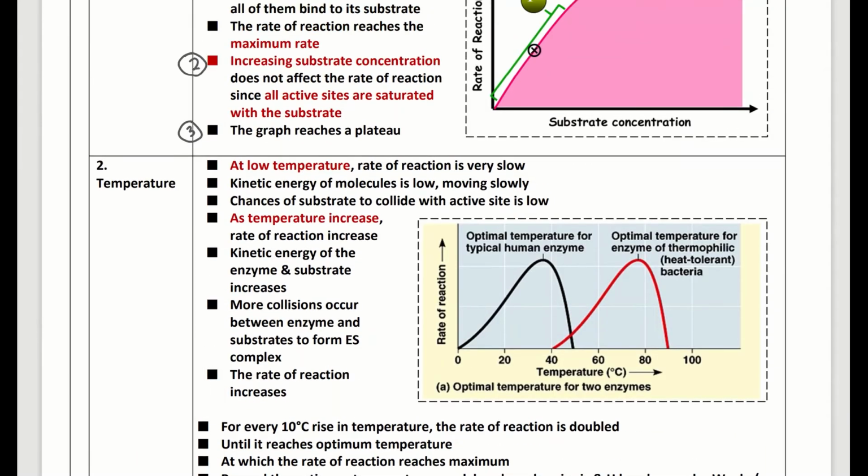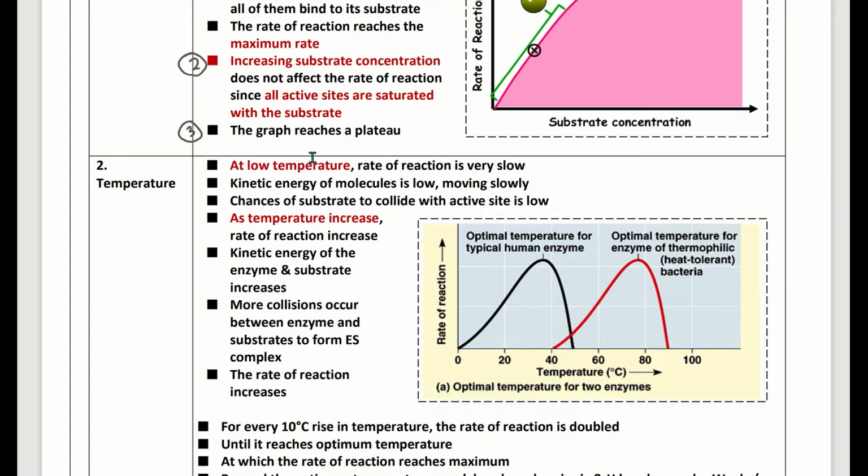Okay, so at low temperature, rate of reaction is very slow, sikit lah. Okay, so bila makin meningkat temperature, kinetic energy increases. So bila kinetic energy increase, collision, maksudnya pelanggaran substrate dengan active site itu akan makin meningkat bila temperature increases.